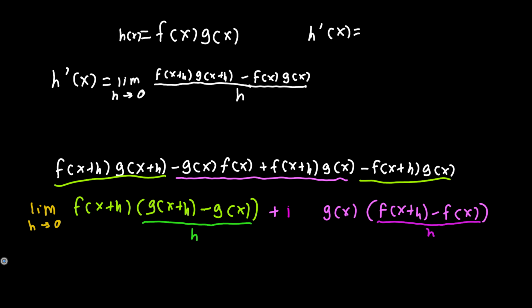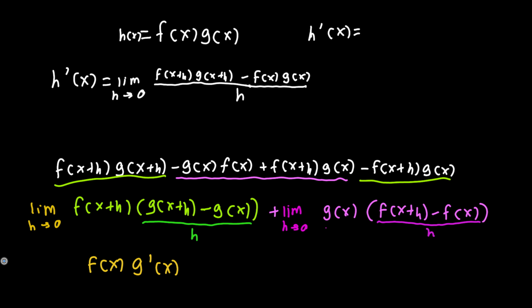So we have the limit as h approaches 0, and here we can see that we have our limit definition for our example. If we plug in h equals 0, we're going to get f of x. And since we have g of x plus h minus g of x all over h, that is simply the limit definition for the derivative of a function, g prime of x.